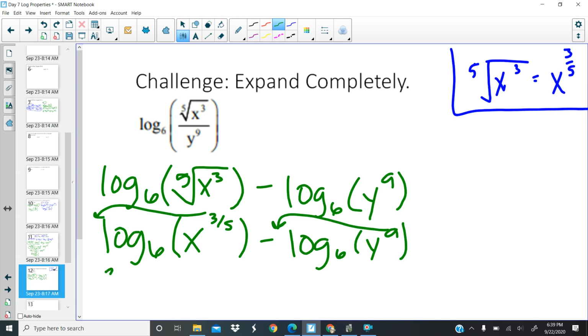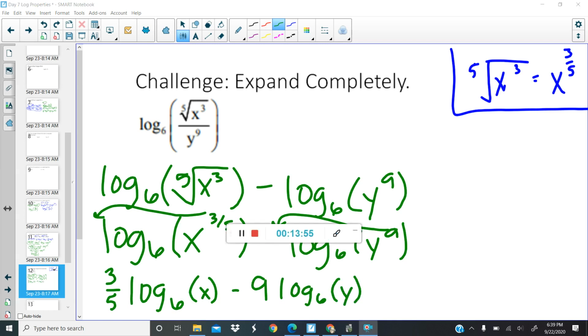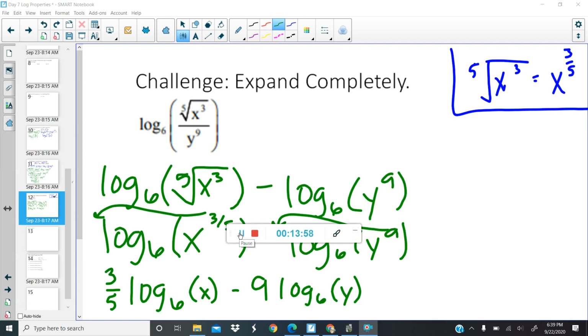So in the first one, you would have 3/5 times log base 6 of x, and then minus 9 times log base 6 of y. So that would be all on that one. To expand completely, you need to make sure that none of the variables inside the logarithms still have exponents on them, because you want to bring those down and out to the front.